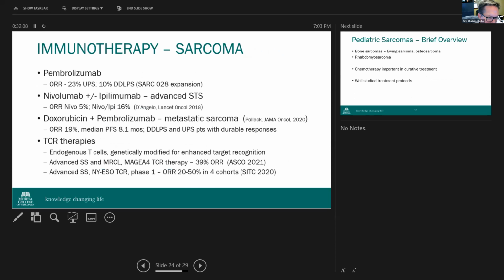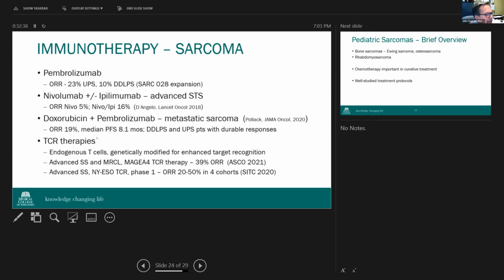And then coming up to modern time, some of our hopes for the future lie in immunotherapy. It was pointed out that none of these are approved for sarcoma. There has been some study and we can't find uniform benefit with them in soft tissue sarcomas, but certain subtypes like the UPS, the undifferentiated pleomorphic sarcoma, single agent PD-1 inhibitor was associated with a 23% response rate in one trial.